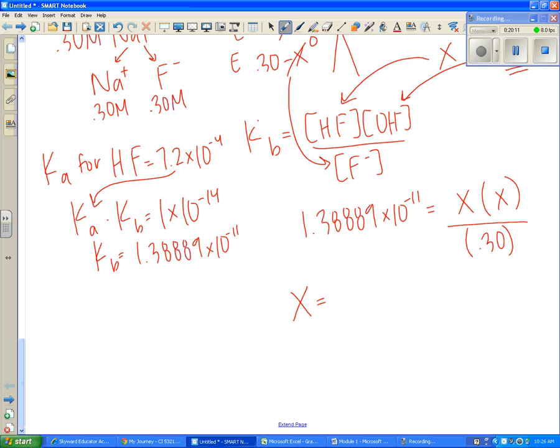What's x? 2.04124 times 10 to the negative 6. Okay, so that is the concentration of the hydroxide ion. We can use that then to find pH. We can first find POH, and then we can find pH.